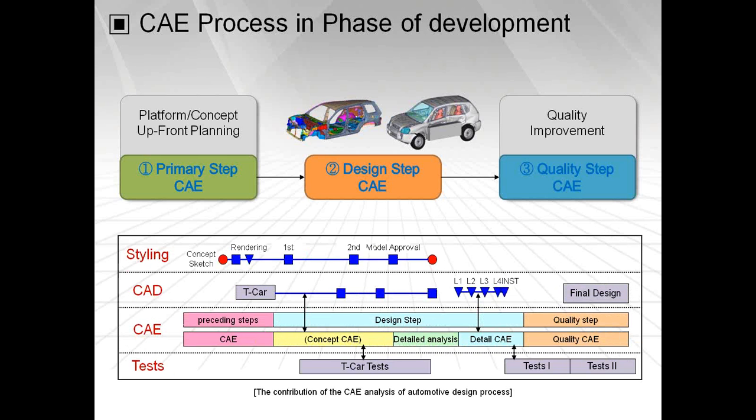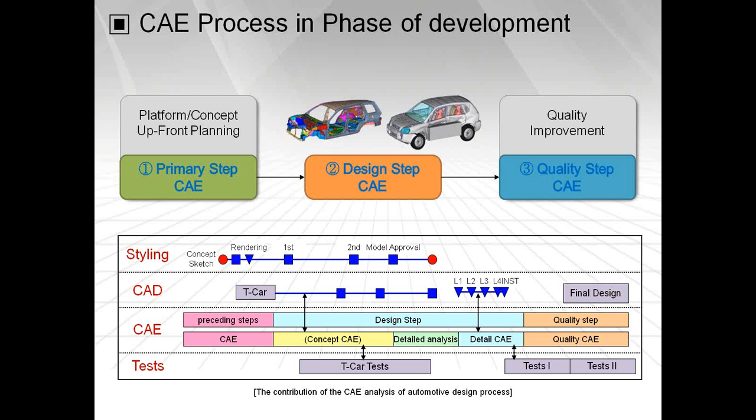So this is the real design process of a car. As you see, it's quite complex. You have CAE, you have CAD, you have styling as well, and you have real tests. So all that is together. Sometimes you have to do CAE first, sometimes you have to do CAD and CAE at the same time. So it's not like we think, a very simple process.